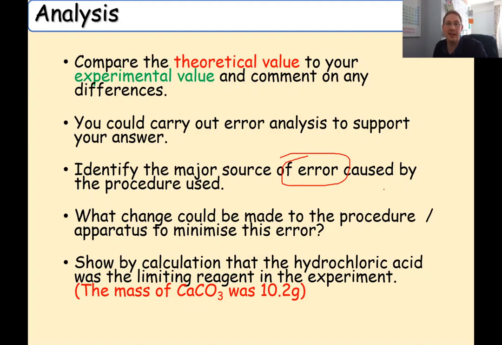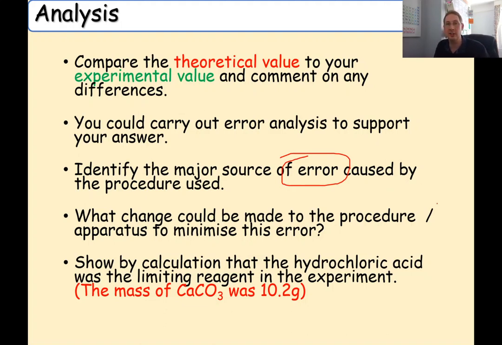There was the fact that it was difficult to get the bung on instantly, so some of the gas would escape before you could put the bung on. When you pushed the bung on, it did cause a zero error in the measuring cylinder. Obviously, you could have leaky equipment, or a lack of pure reagents. Any of those could have caused sources of error.